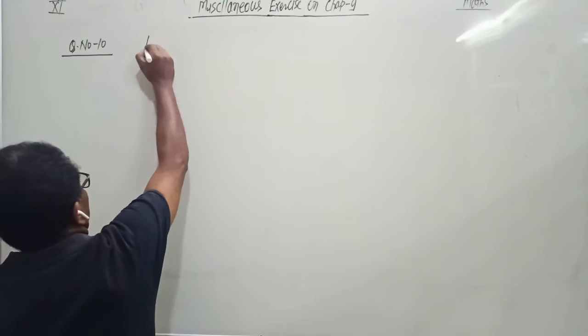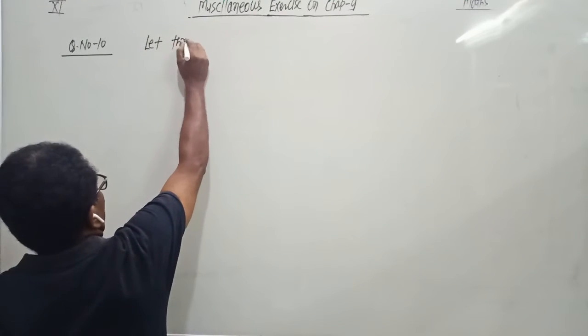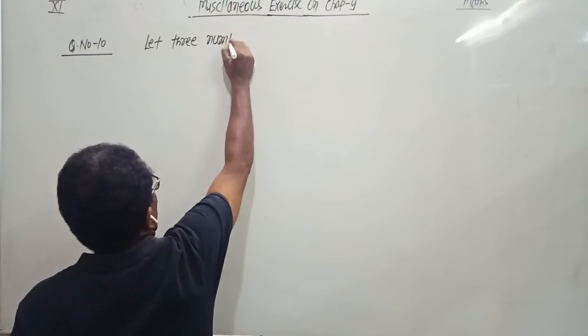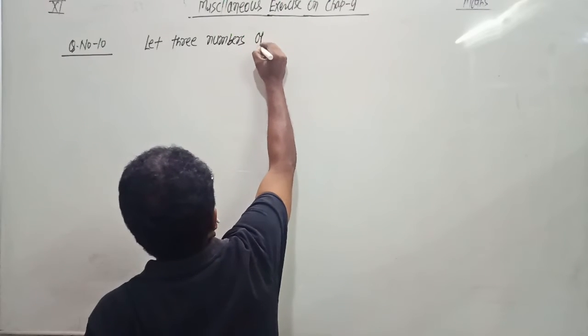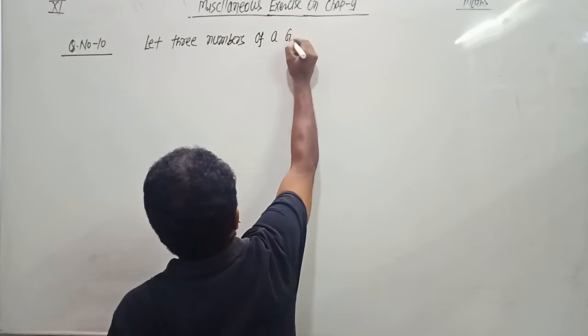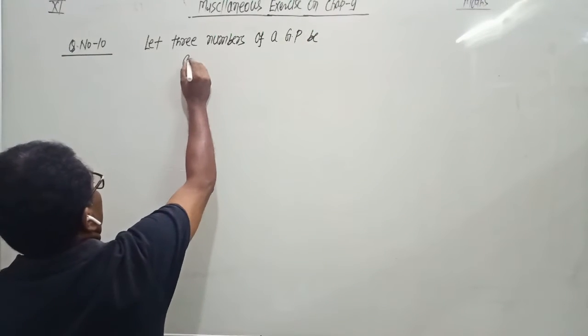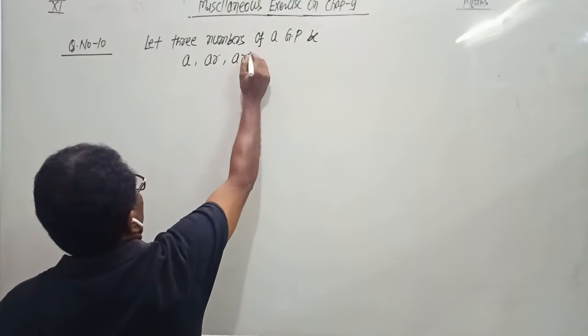So let three numbers of a GP be A, AR and AR square.